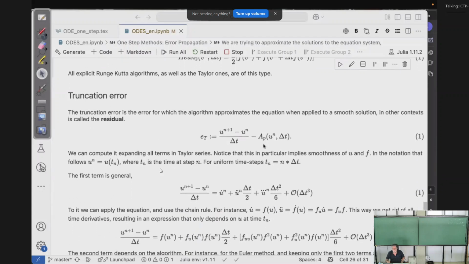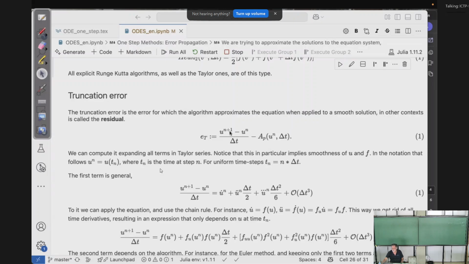So you define the truncation error or the residual, and notice that we have divided here by delta t. So for this residual, you put in the exact solution and you do this approximation: u_{n+1} minus u_n over delta t, minus this thing.